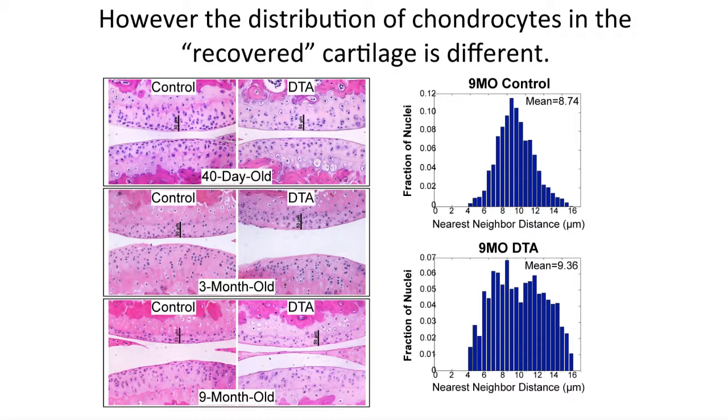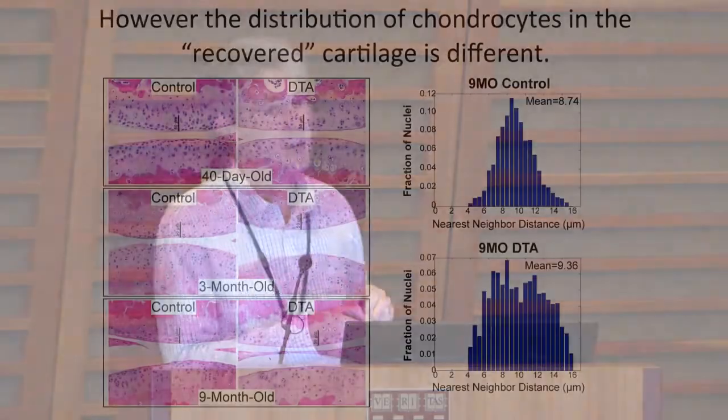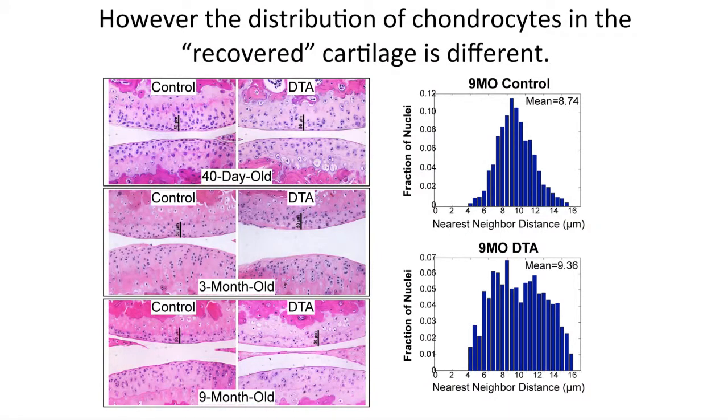So imagine doing this in 3 dimensions: take a chondrocyte and ask how far its nearest neighbor is from it. In a healthy joint, chondrocytes are on average about 8 microns apart. The surface ones are maybe a little bit closer together. The deeper ones are a little bit further apart, but they form this very nice bell-shaped distribution.